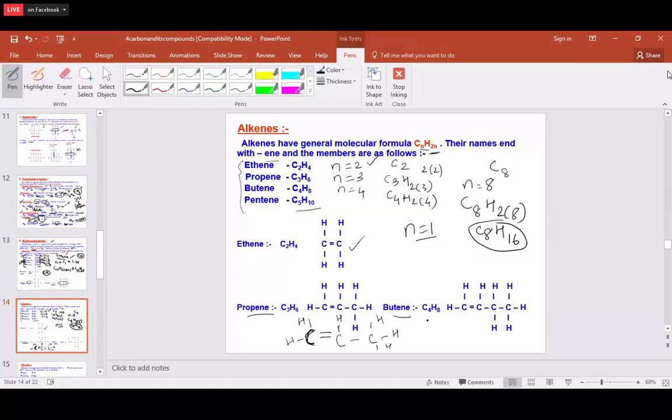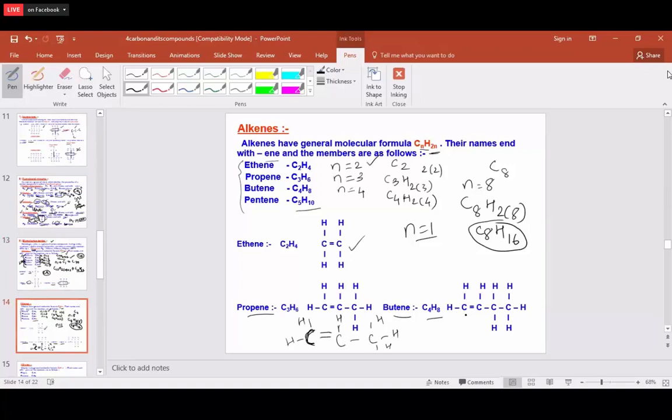Butene. The butene formula is C4H8. C4 means 1, 2, 3, 4: the 4 carbon atoms we write in a straight chain. The double bond we write over here. Now this carbon has 2 bonds here, a third bond with one hydrogen, and a fourth bond with this hydrogen.